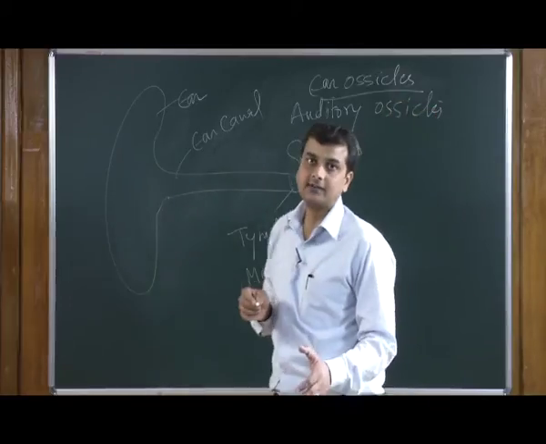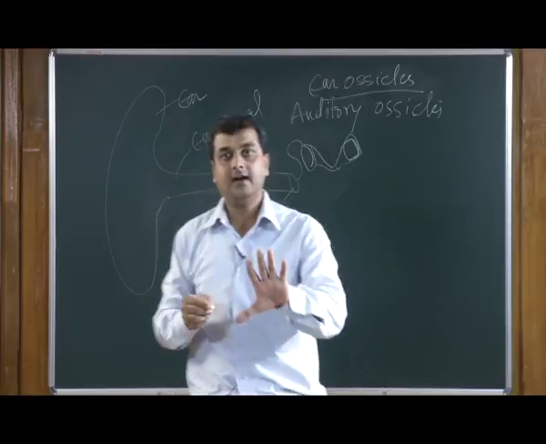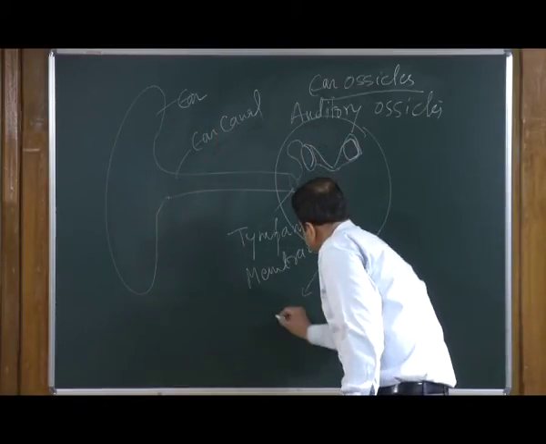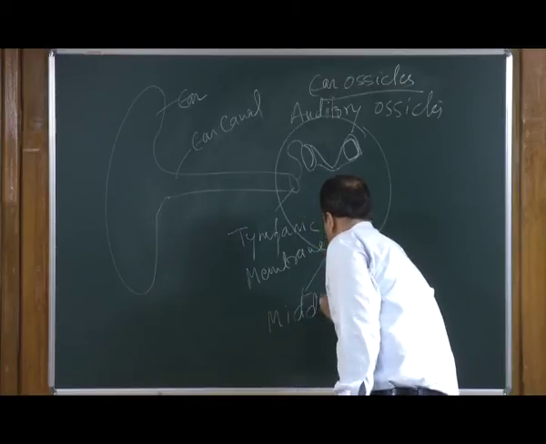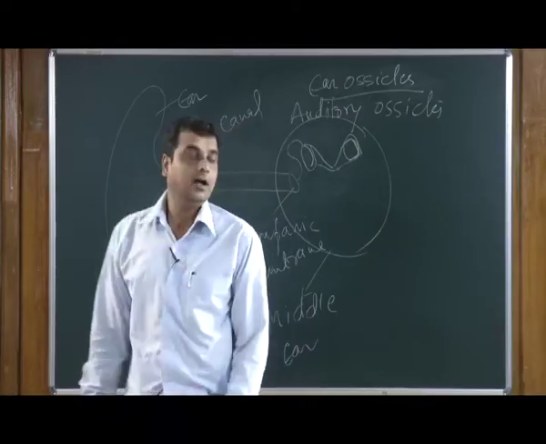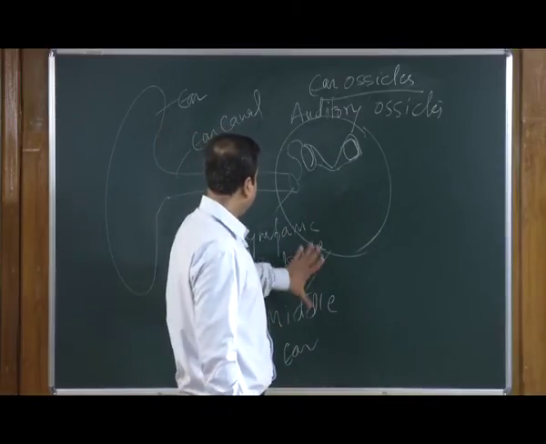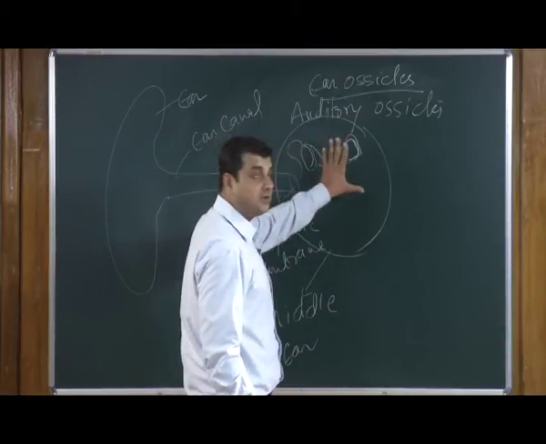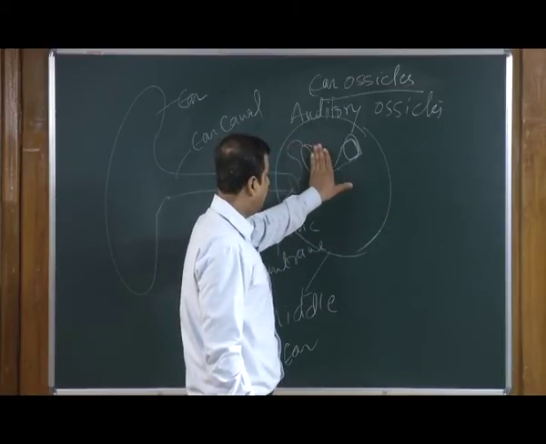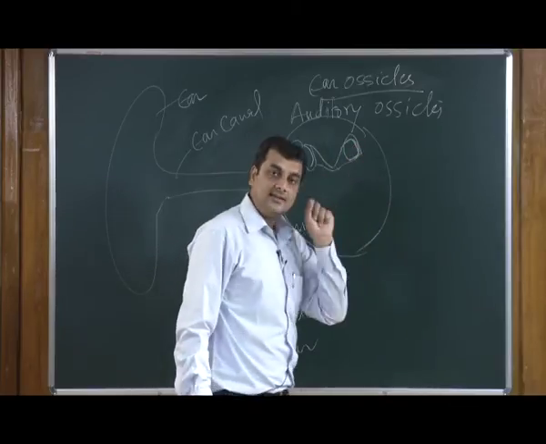So ear ossicles or auditory ossicles are nothing but the bones in the middle ear. So this is the region we call the middle ear. The middle ear region has 3 bony structures. One is hammer shaped, the other is anvil shaped, and the third one is stirrup shaped.